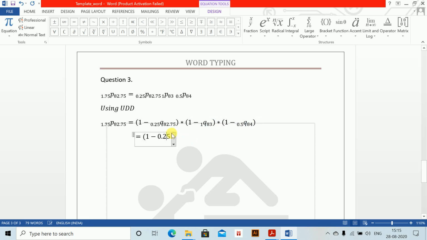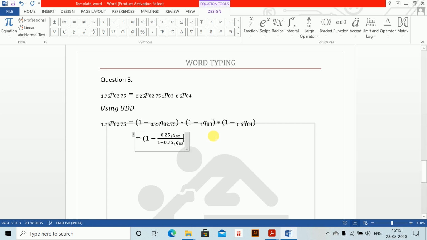Okay, 0.25, alt shift H is my q. Okay, I need this to be 1. This is q and this is normal 82. 1 minus of this divided by 1 minus 0.75q82. Again copying just this, not writing it every time.